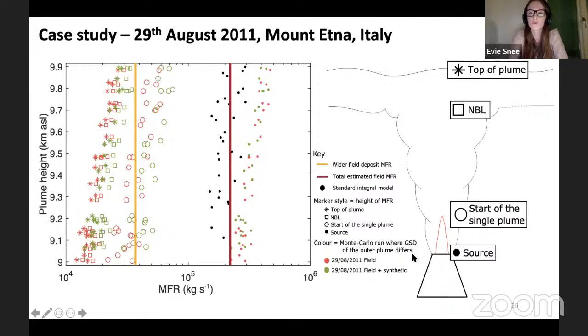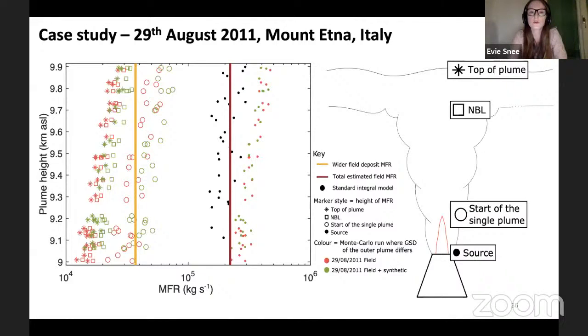And it's for the source. So what's coming out at the vent? The different colors refer to the different grain size distributions used for the outer plume. So the one that has the synthetic data, the one that doesn't. And you can see it plays no real role. It's quite similar. So at least we know we're not too sensitive to this parameter.